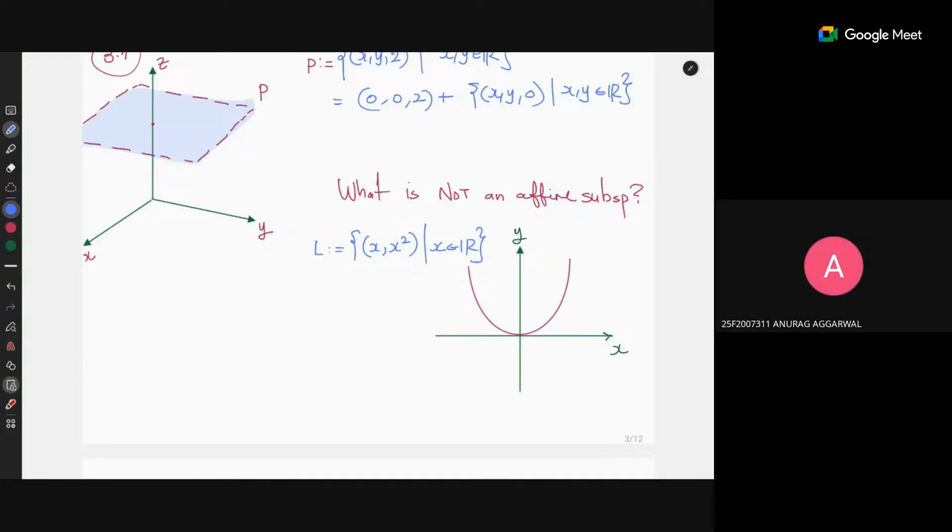That means, sir, is it a subspace? You tell me. But sir, not all affine subspaces are subspaces; you also need to keep that in mind. It is not a subspace, that is clear. But not every affine subspace is a subspace either. So is it an affine subspace?